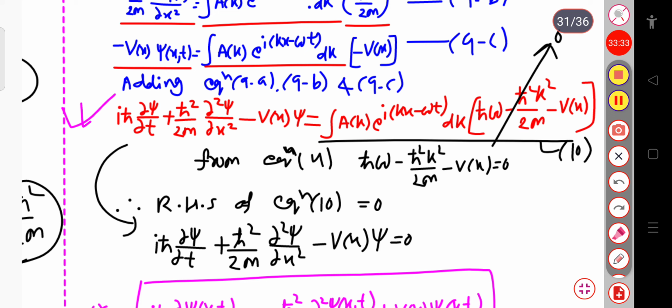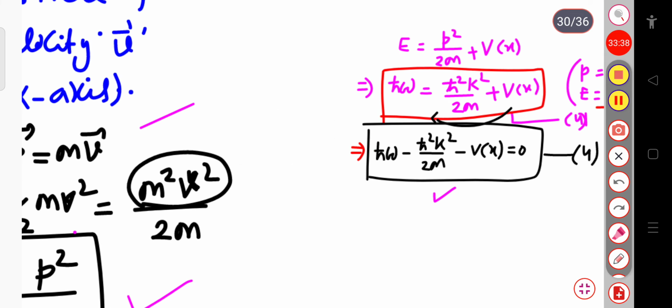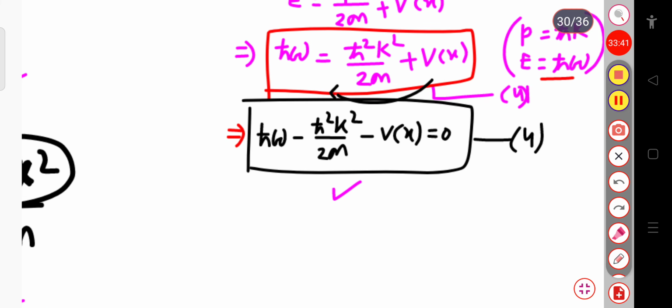And from the first relation, equation 4, ħω minus ħ²k² by 2m minus V of x equal to 0, so we have substituted that term.